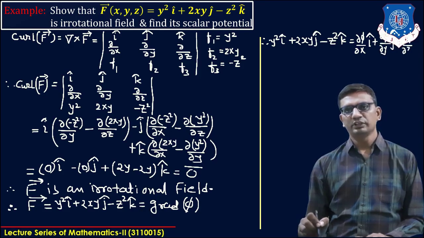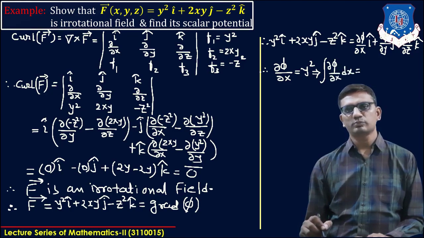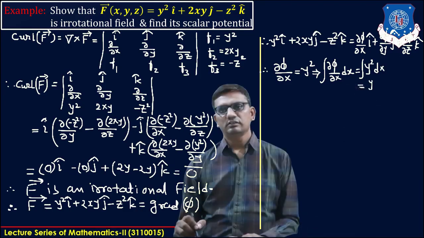Now we compare component-wise. Comparing the component of i, we have del phi by del x equal to y square. That implies, taking the integration on both sides with respect to x, integration of del phi by del x with respect to x equals integration of y square dx. After solving we get y square x plus an arbitrary constant function k1 of yz.